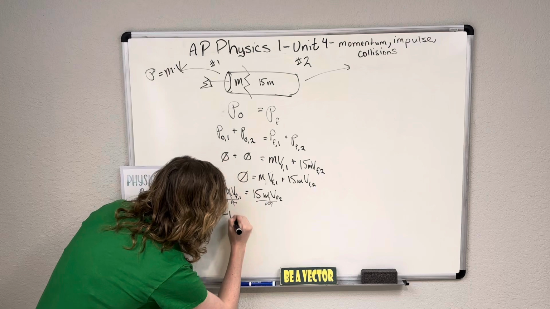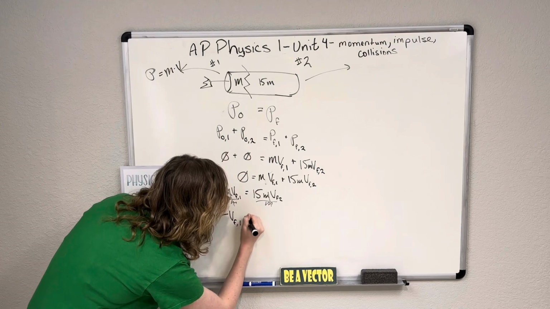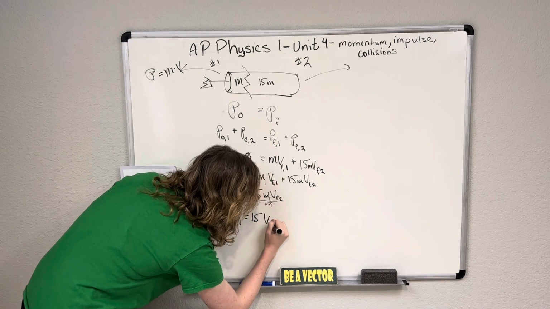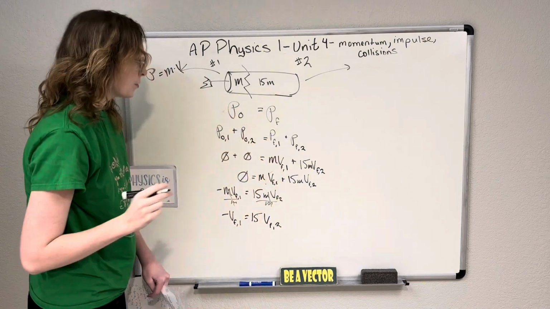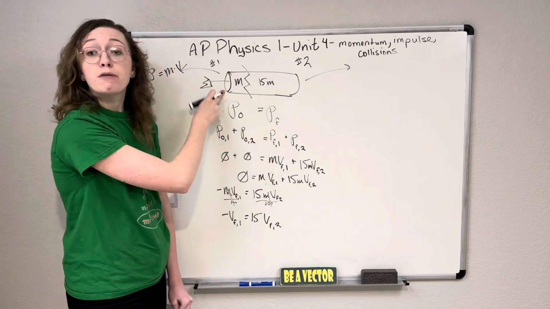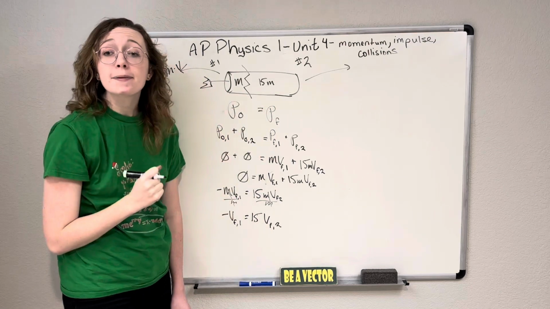I end up finding that my final velocity of piece 1 is equal to the negative of 15 times my final velocity of piece 2. So this piece is 15 times heavier, but this piece is moving 15 times faster, just in the opposite direction.